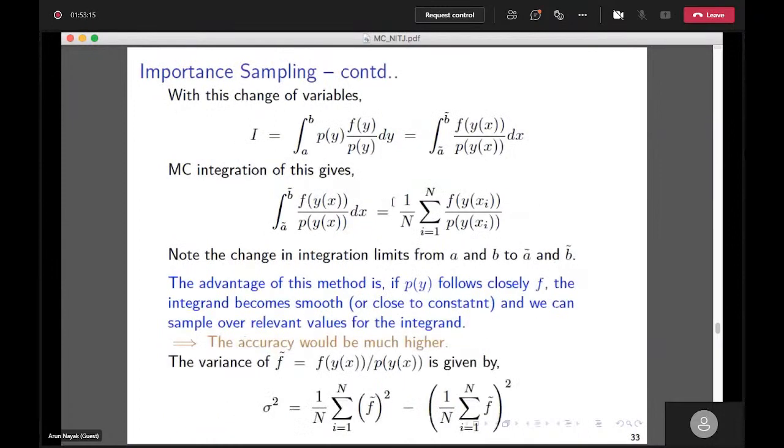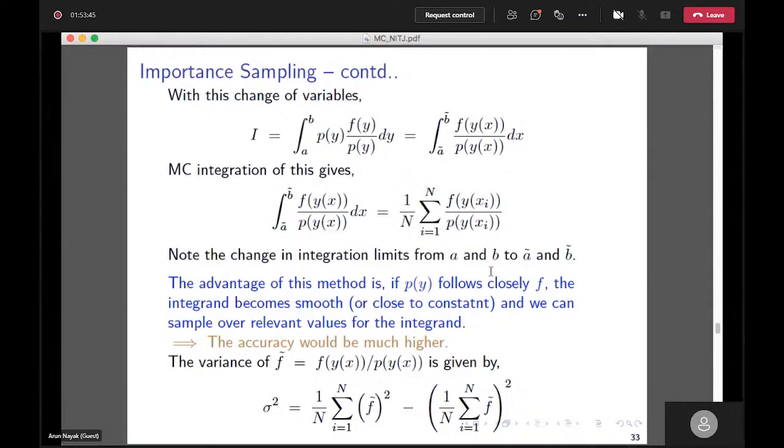Okay, now we get this average. Now this average is not only on f, but on f over p for y, while y depends on x. So what you do, you generate x_i's uniformly, transform the x_i's to y using variable transformation, calculate f over p, and then take the average.